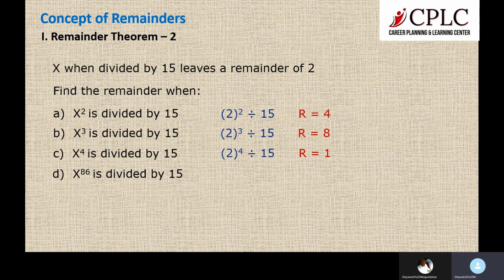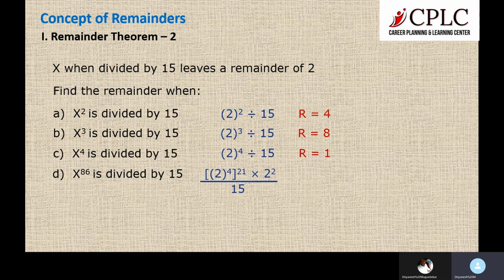And the fourth one is the type of question that you will mostly see, which is x raised to 86. In this case, it will become 2 raised to 86. So 2 raised to 86 divided by 15, what is the remainder? And this is where it becomes interesting, because going forward, listen to this very carefully: which power of the given number, when divided by the given divisor, will give you the remainder either as positive 1 or negative 1.